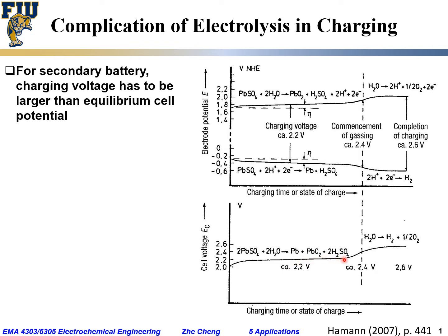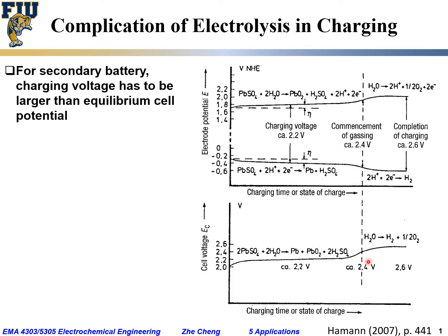And then at a certain moment, the voltage applied becomes too high. For example, in this case, around 2.4 volt. And this is when the situation would occur that gassing would start to happen. What is gassing? Gassing is essentially that we are so much higher than the electrochemical stability window for water.